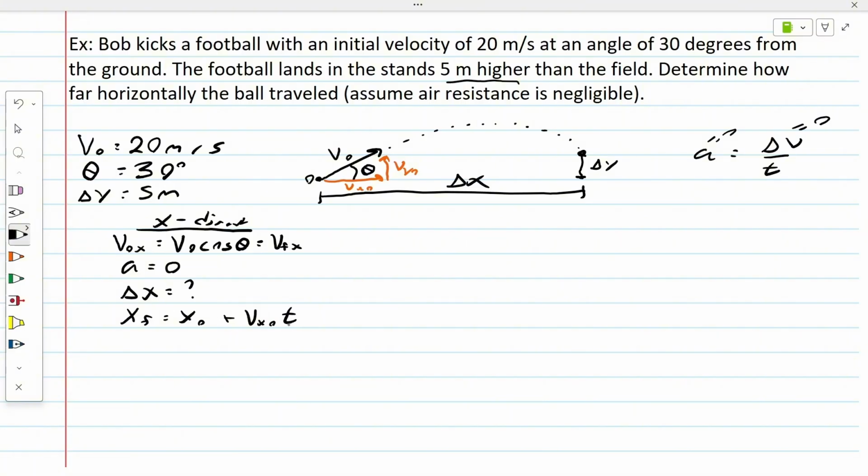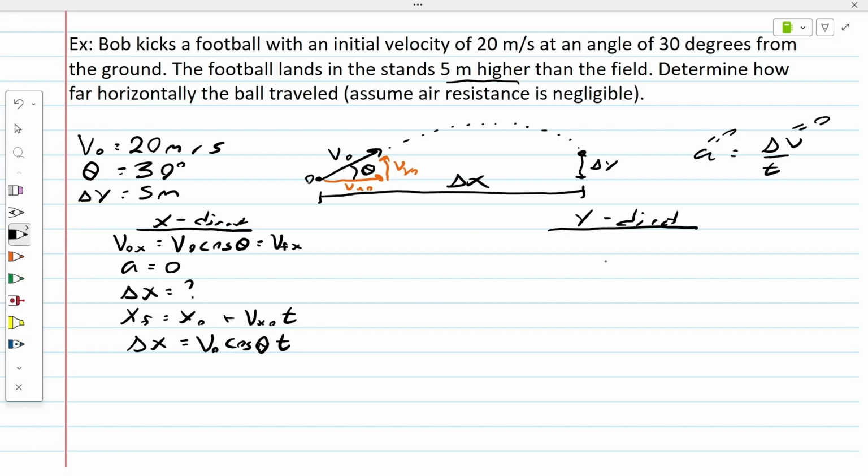And so we don't have this t, but we can move this over to get change in x is x final minus x initial just equals the change in x. And then vx naught, we already found what this equals is v naught cosine of theta times t. So we don't know t, so we're kind of stuck right now. We can't do anything further in the x direction. So let's look at the y direction and see what we have.